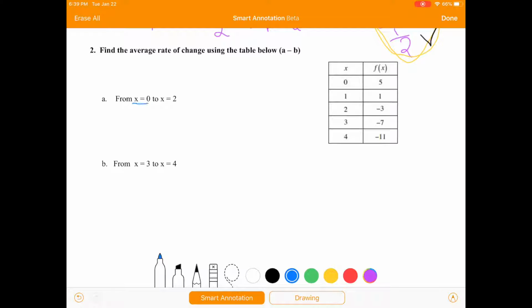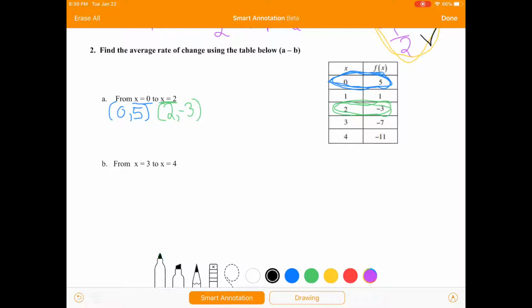So we're going to have 0, 5. Now for x equals 2, y is negative 3, so we have an ordered pair of 2, negative 3.